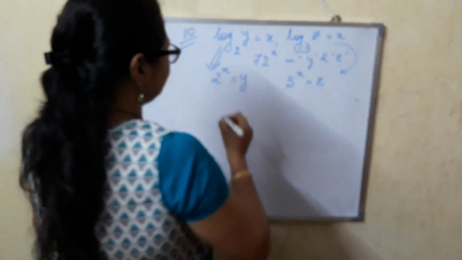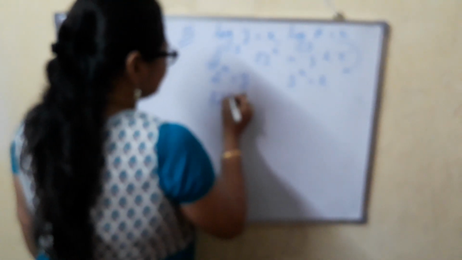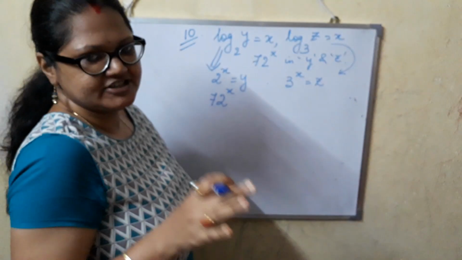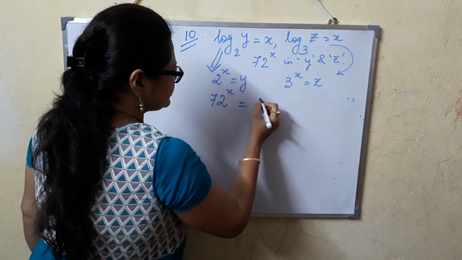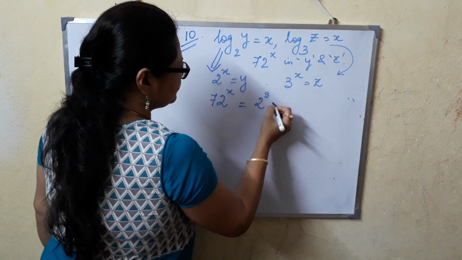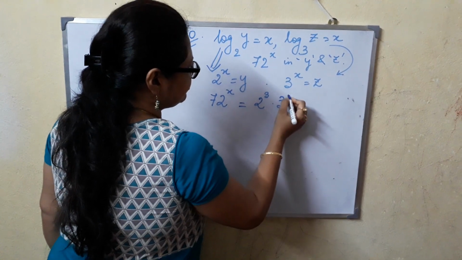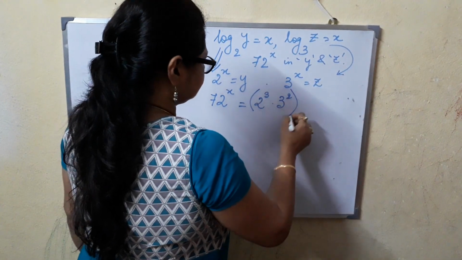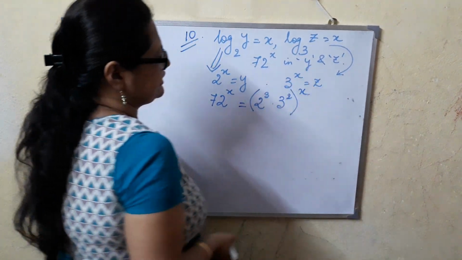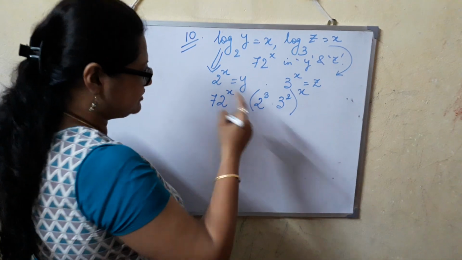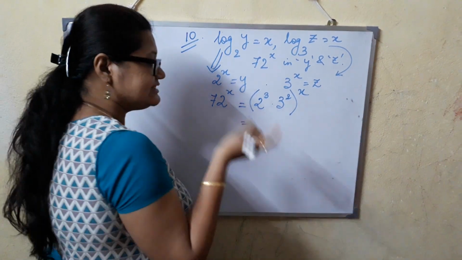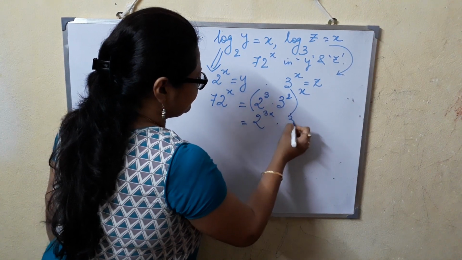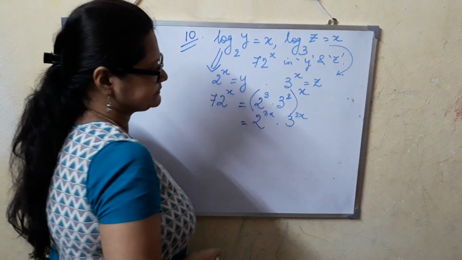Alright. Now, when we prime factorize 72, I am not doing it, but when you prime factorize, you will find that 72 is actually 2 cube into 3 square, to the power of x. Now this can be written as, using the indices laws, 2 to the power of 3x, 3 to the power of 2x.